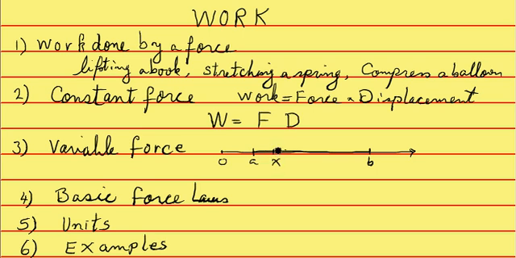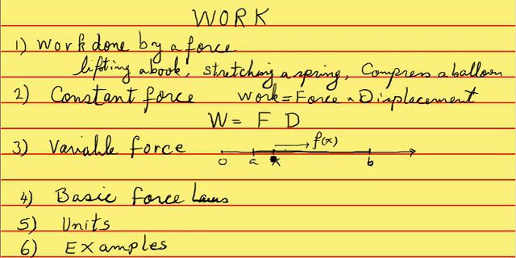So at location x, the amount of force that you are applying is, say, f of x. That shows the size of the force that is being applied while the object is just at point x.